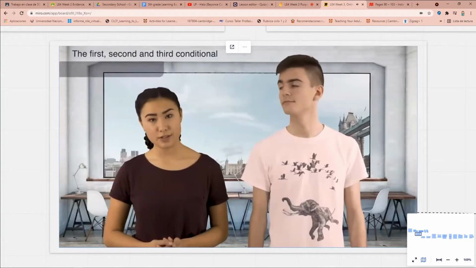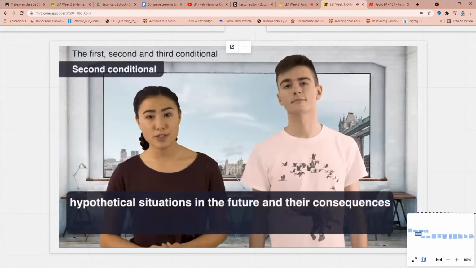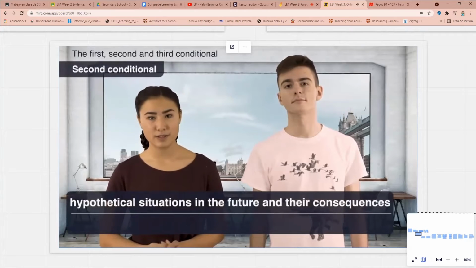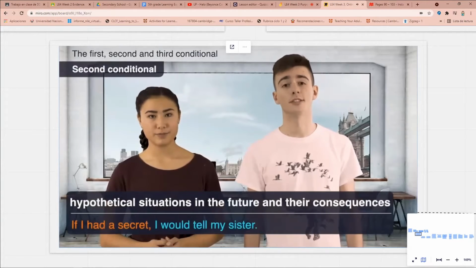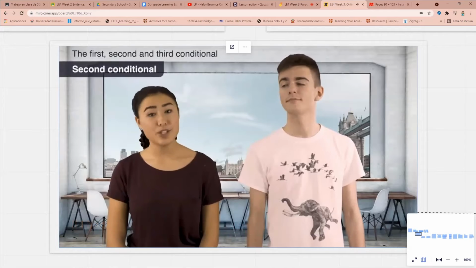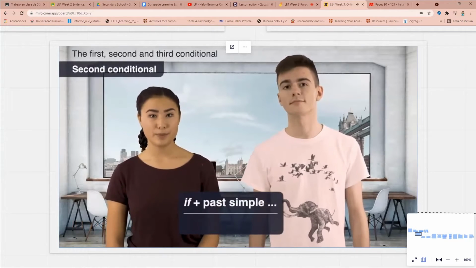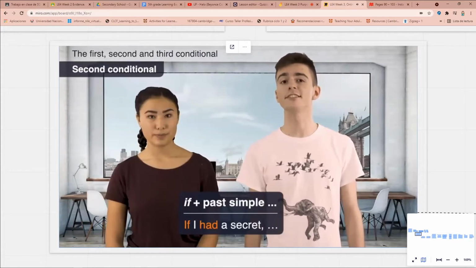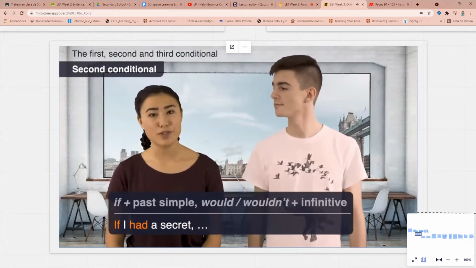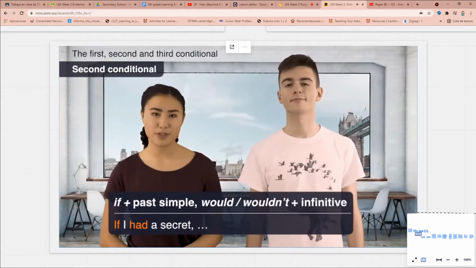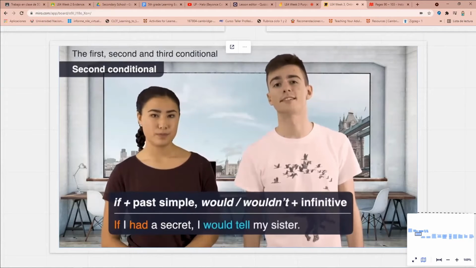We use the second conditional for hypothetical situations in the future and their consequences. If I had a secret, I would tell my sister. In the situation clause, we use if plus the past simple. If I had a secret. In the result clause, we use would or wouldn't plus the infinitive but without to. I would tell my sister.